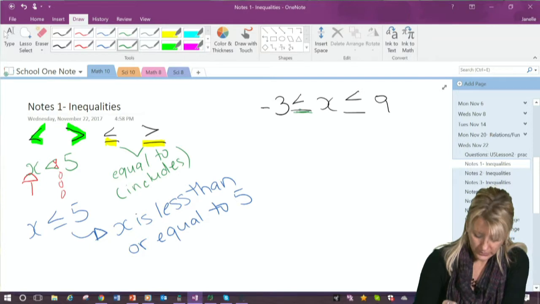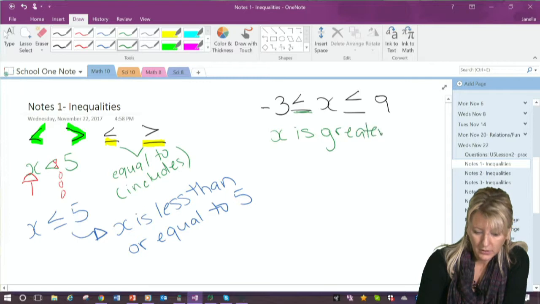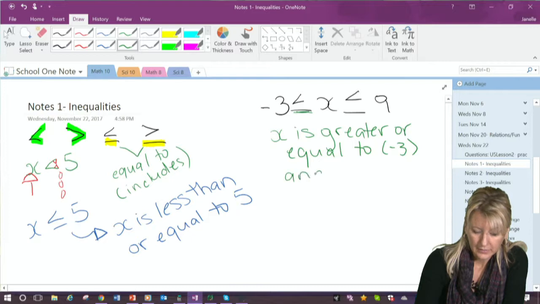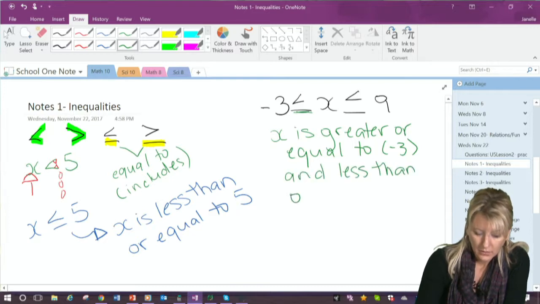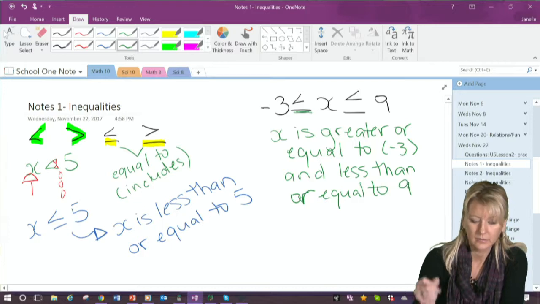So in words, you would say x is greater than or equal to -3 and less than or equal to 9.